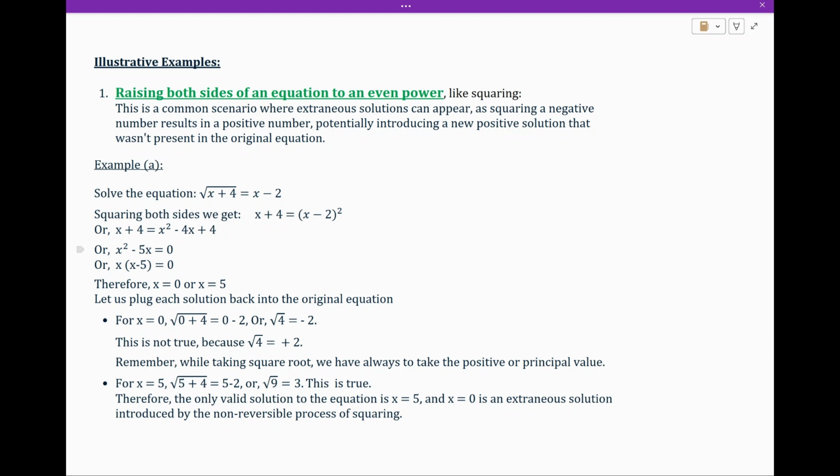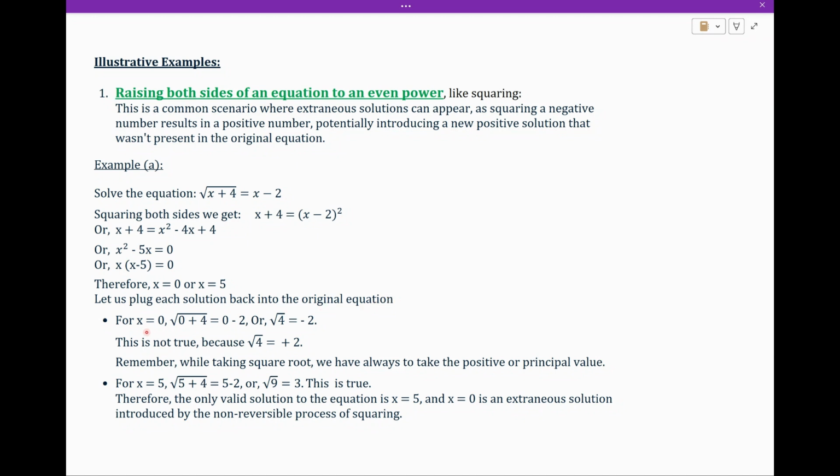Rearranging terms, we get x squared minus 5x is 0, or x multiplied by (x minus 5) is equal to 0. This yields two solutions, x is equal to 0 or x is equal to 5. Let us plug each solution back into the original equation.